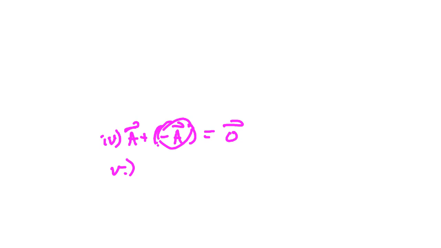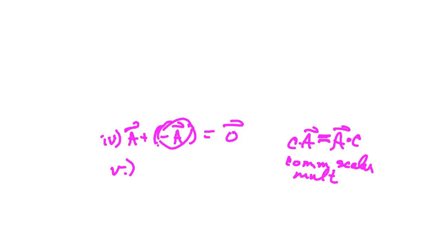And then we can also multiply by scalars. So if I have a couple of things, I don't think I wrote it in here, but I already wrote one earlier, that we have C times A vector equals A vector times C. Okay, so this is the commutative property of scalar multiplication in the vector world.